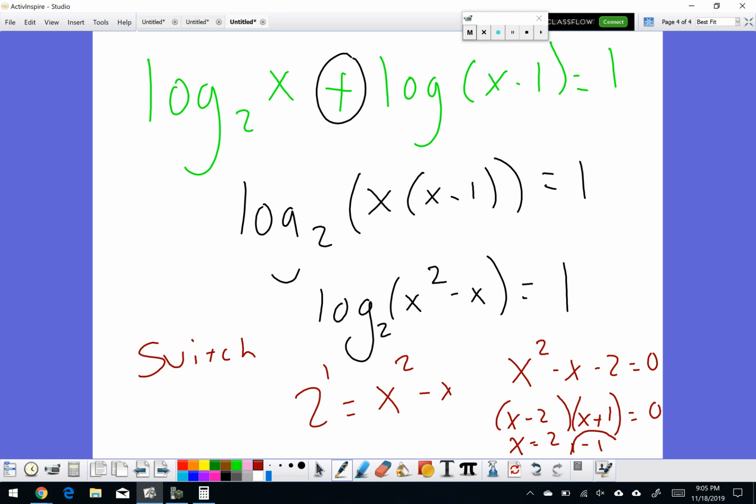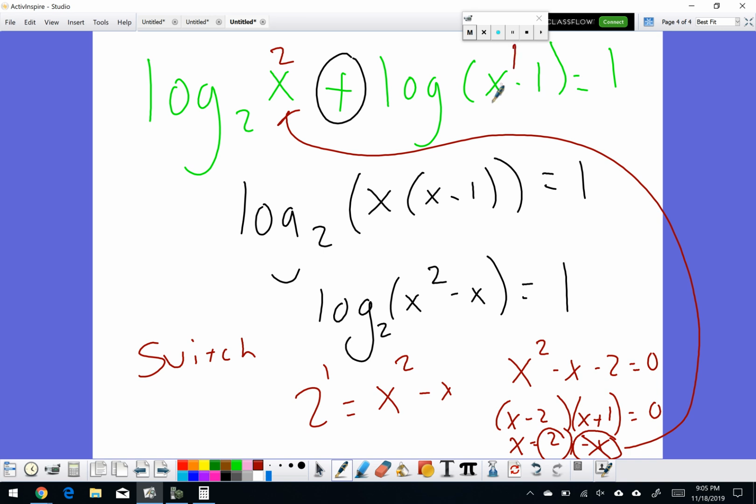But notice if I plug negative 1 back in right there, that's log base 2 of a negative number. Log base 2 of a negative number will not work, so it is no longer a solution. Let's check 2. Log base 2 of 2, that's okay. 2 minus 1 is 1. Oops, I need to have my base right there. Sorry about that. Log base 2 of 1 is 0.